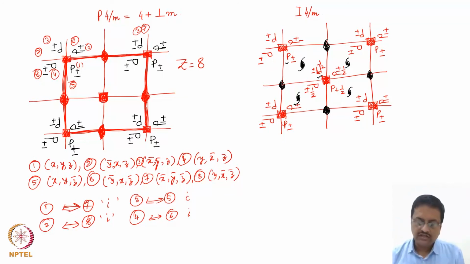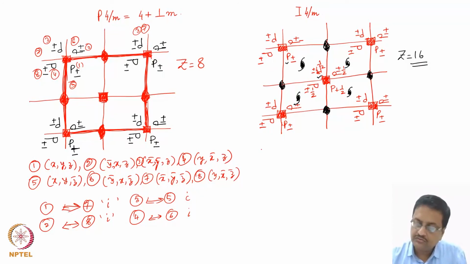Right? So I would not try to write down the equivalent points. Only I would say that here Z is equal to 16, because what you see is that every corner has 2 atoms associated, so 8, and the central part, which is half translated, that is the body center point, also has 8 equivalent points, so total 16 equivalent points.